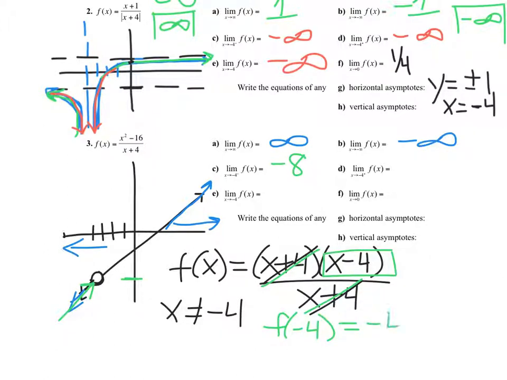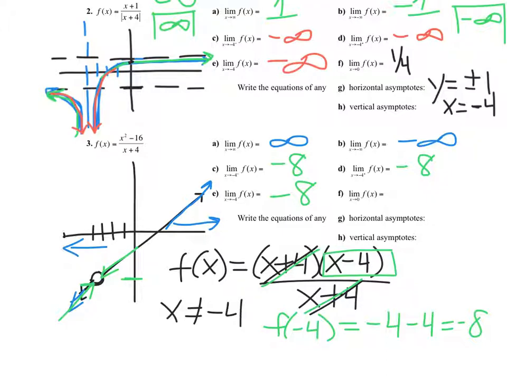You get negative 4 minus 4, and that would give you negative 8. So that's also the limit from the right side. It's also going towards negative 8. And then since they're equal, the limit at negative 4 does exist. People will say it doesn't exist just because there's a hole there. Doesn't mean it doesn't exist.